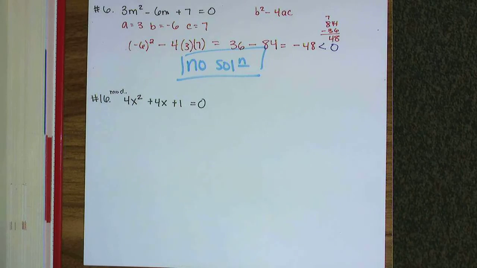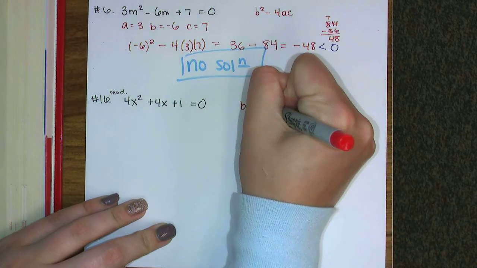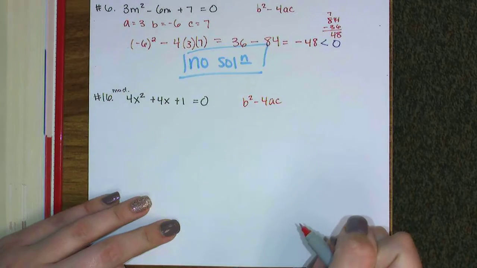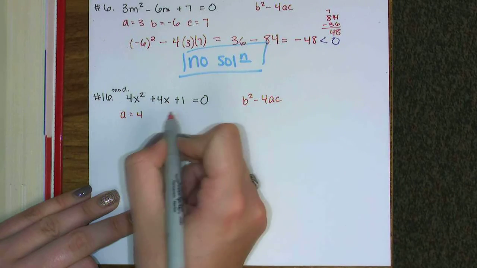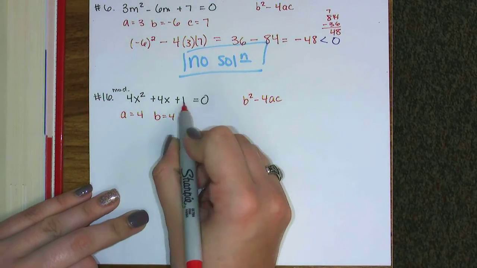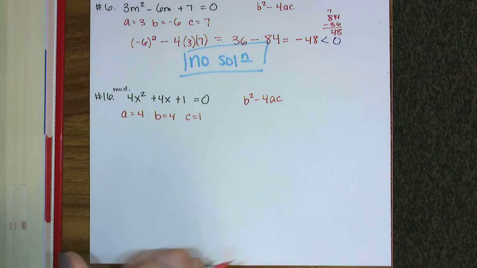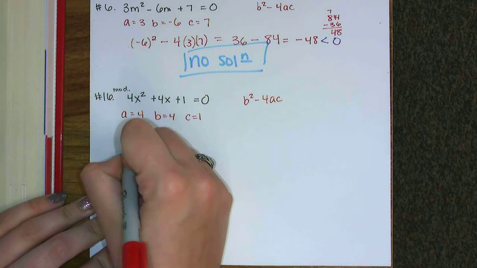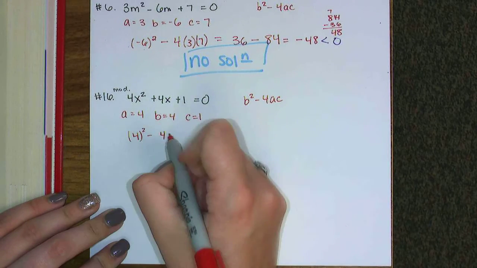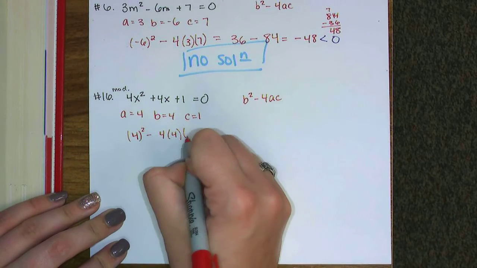Again, we'll be plugging it into b squared minus 4ac. Now, a is 4, b is also 4, c is 1. B squared, so 4 squared, minus 4 times a is 4, times c is 1.